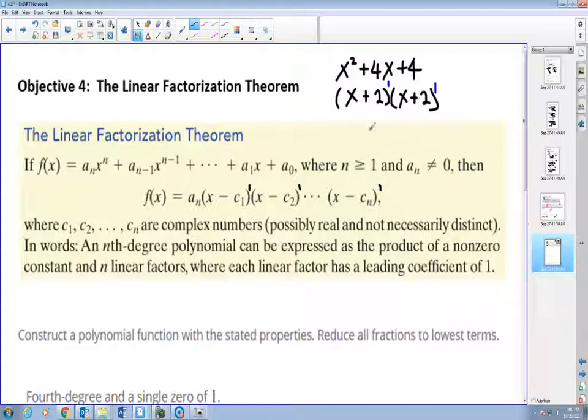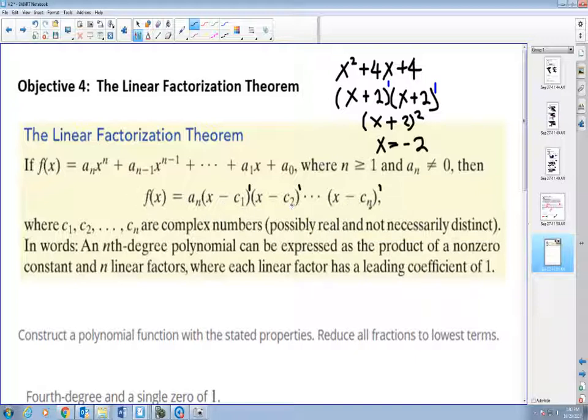Now, we can take this a step further and say this is x plus 2 whole thing squared. So that means I have an even multiplicity on my factor. By the even and odd multiplicity, I know that when my graph reaches -2 for x, it will actually turn. It will not cross over. So the linear factorization theorem is where we can write polynomials as linear factors.